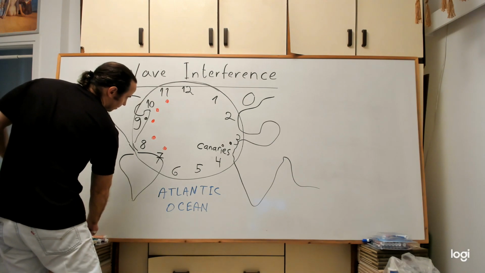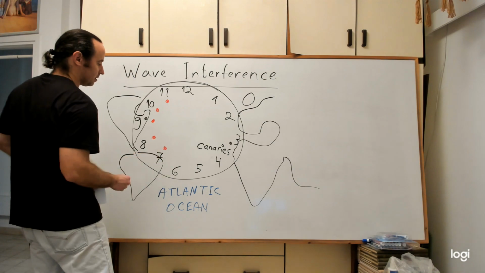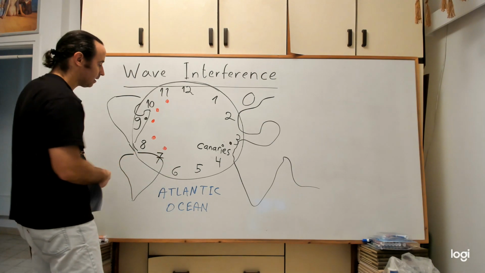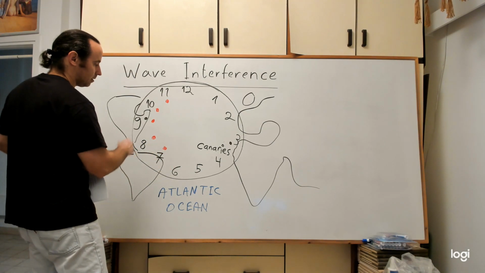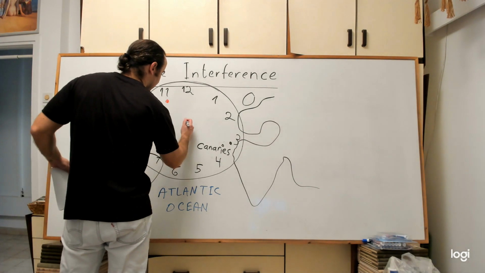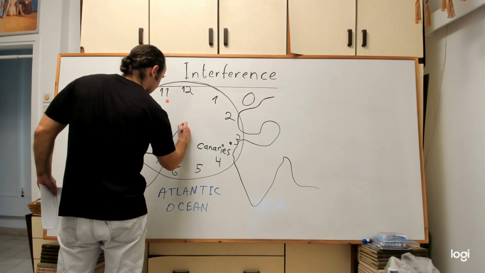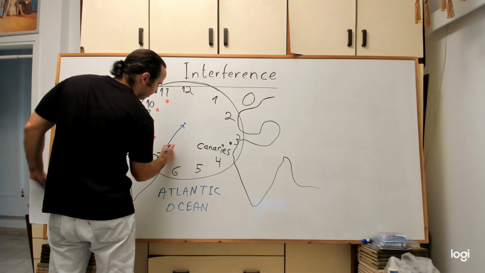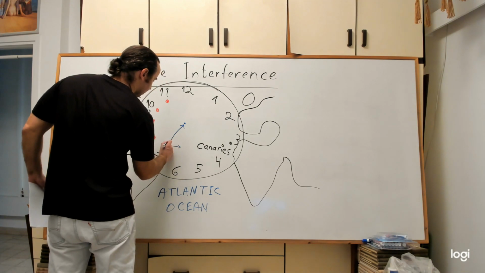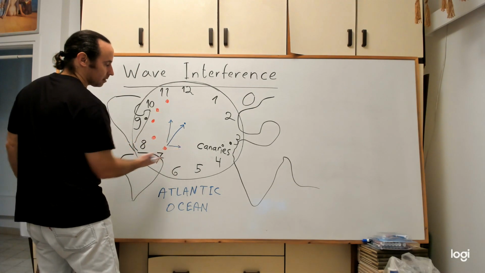They don't contribute anything. But if we have this bomb, for example, and it explodes, then it pushes the water towards the center. If this is the center, the water goes to here, and it has this component and this component, upwards and to the right.